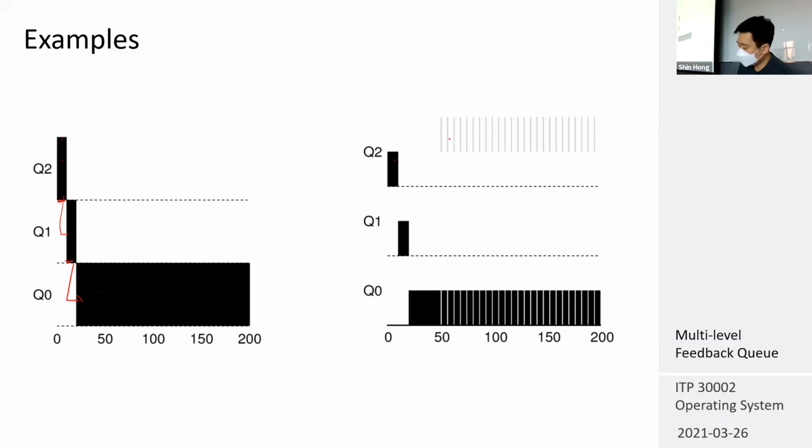The black one goes down and sits in the lowest priority. The gray one starts from the highest priority, but it has a really short CPU burst time, so it keeps staying at that level. It uses the CPU and takes some I/O waiting, and in the meantime the lower priority process can be scheduled.